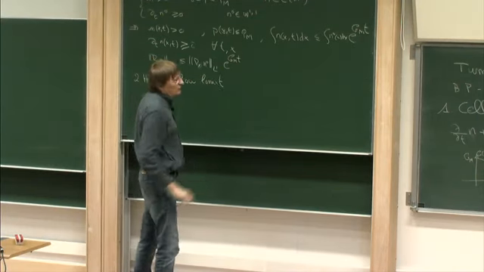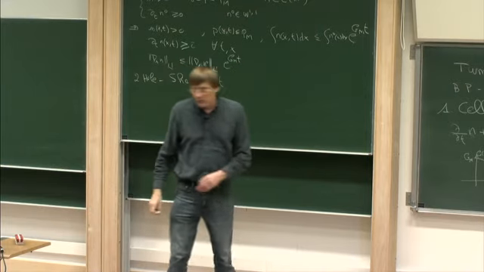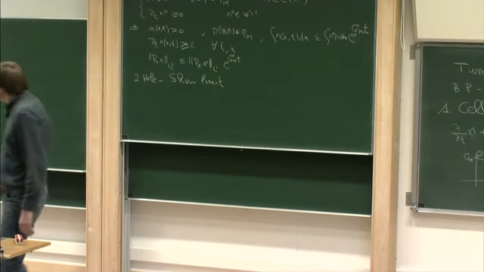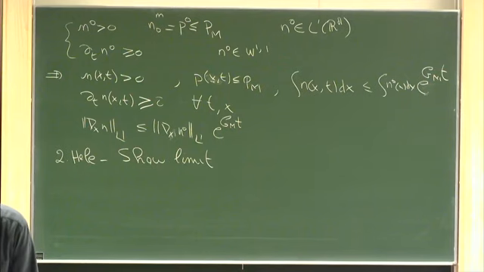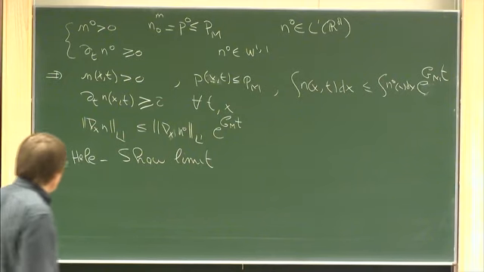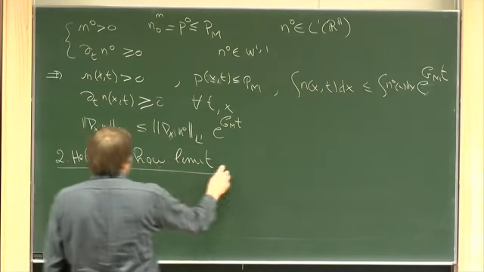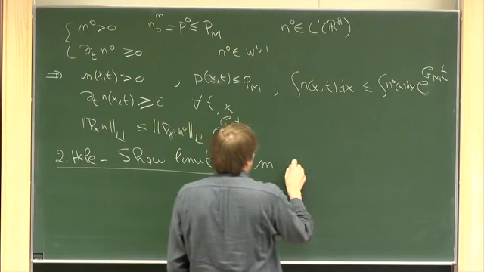How do you create a free boundary out of that? So the idea is the following. The initial limit is a limit when m becomes very large.